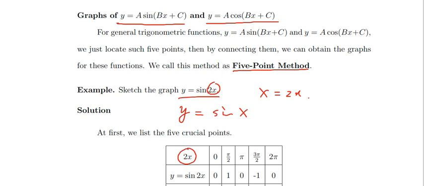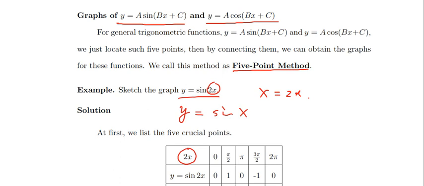When we regard 2x as just one angle and it equals those 5 angles, we get the function's values 0, 1, 0, negative 1, 0. These are the 5 points we should remember.